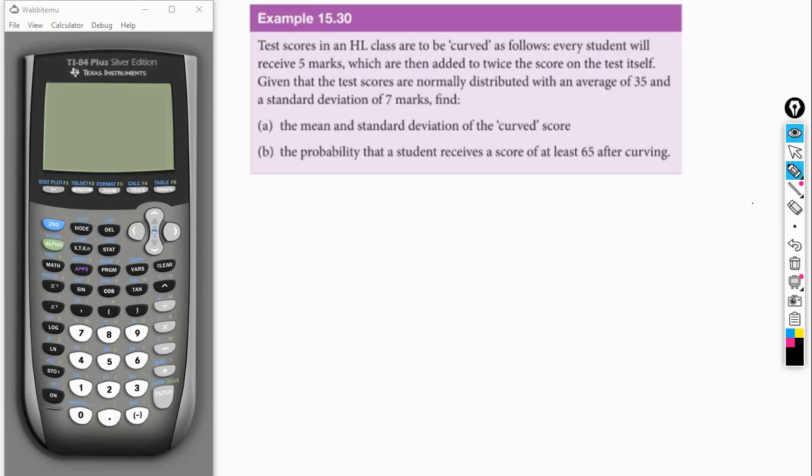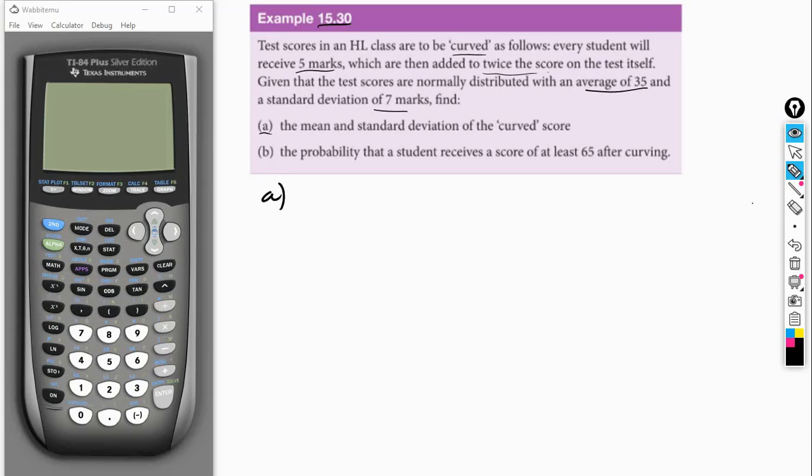So next we have example 15.30, and it says, test scores in an HL class are to be curved as follows. Every student will receive 5 marks, which are then added to twice the score on the test itself. Given that the test scores are normally distributed with an average of 35 and a standard deviation of 7 marks, find part A, the mean and standard deviation of the curved score.